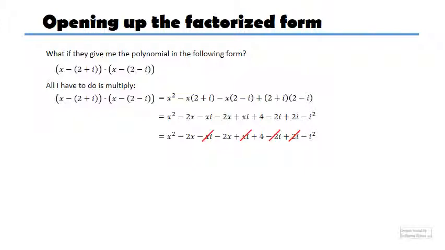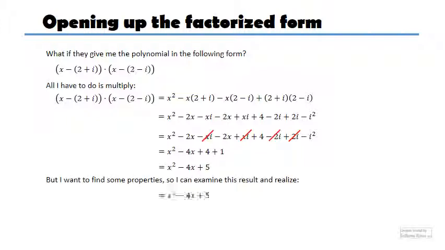Now, if you think about it, that's always going to happen, whether you have here 2 minus i, or you have here 4 plus 2i. These parts are always going to cancel out, and hence you're always going to end up with the same thing. Realize that this minus 4 here is always going to be minus 2 times the real part of your complex number.